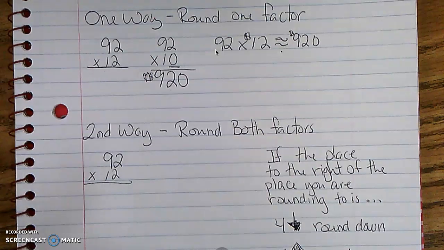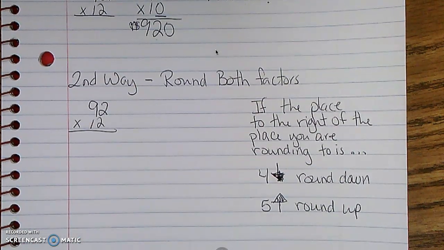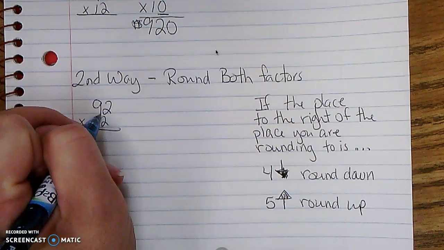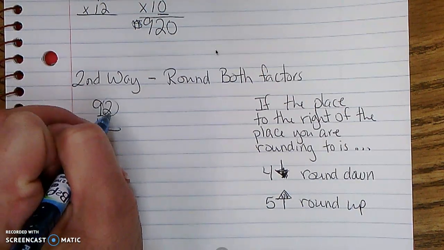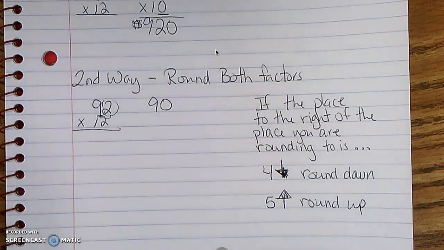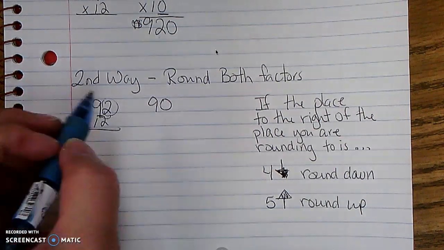And remember, when we're rounding down, that digit stays the same, right? So 92, we're rounding to the tens place here. The 2 is telling that 9 to round down or stay the same. So 92 goes to the next closest 10, which is 90.